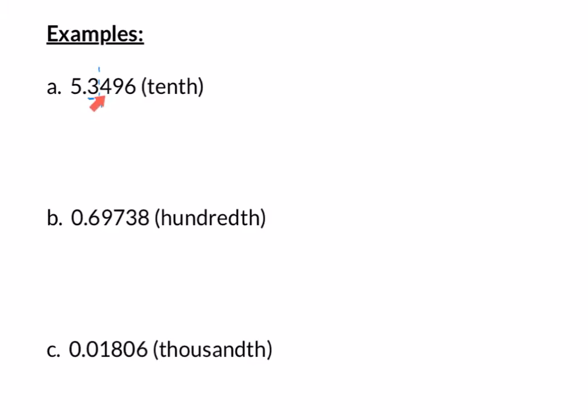Since the 4 is smaller than 5, we're going to round down. So I'm going to leave the 3 the same. We get 5.3. And now all of these digits to the right, we discard instead of writing zeros. So our final answer is 5.3.